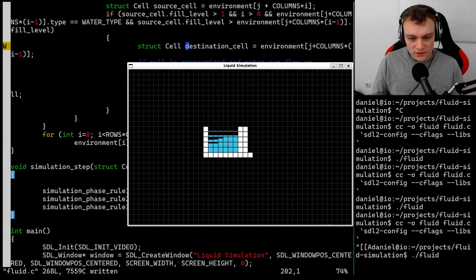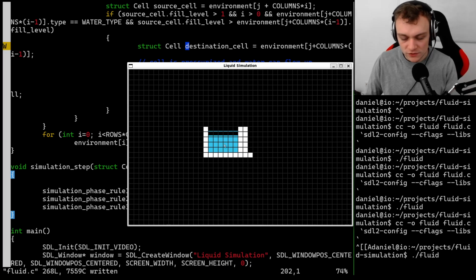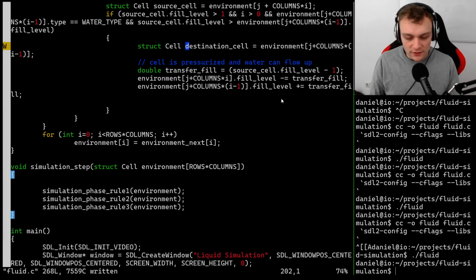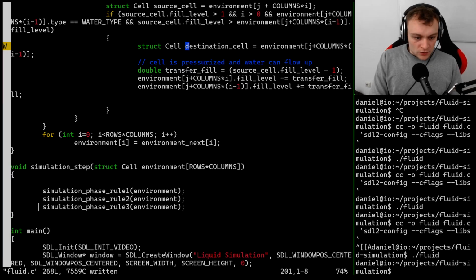No, the pressure doesn't really seem to build up if I click the mouse button in existing liquid cells. So what's going on with the pressure?